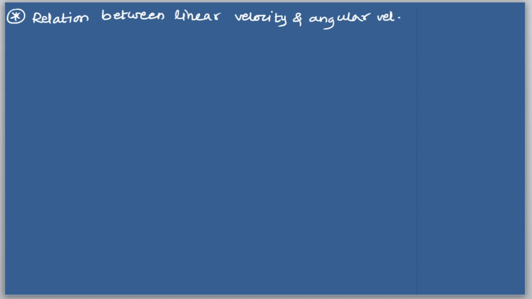What is the relation? We know if a particle is performing circular motion, then at a given position, if we want to draw its direction of linear velocity, we know linear velocity is always tangential to the path. So at this point linear velocity will be tangent to the path. Let's say that velocity is v bar.